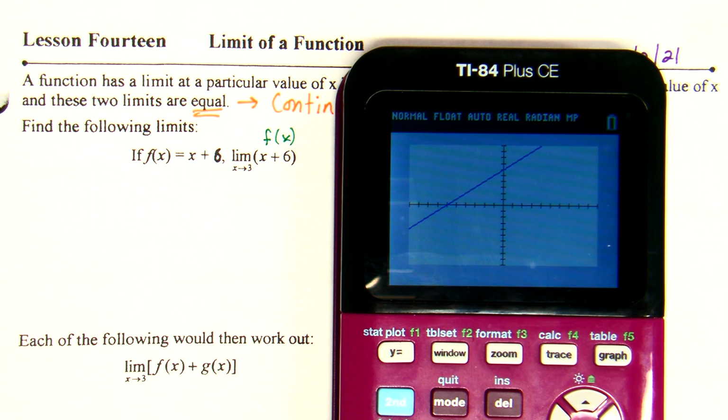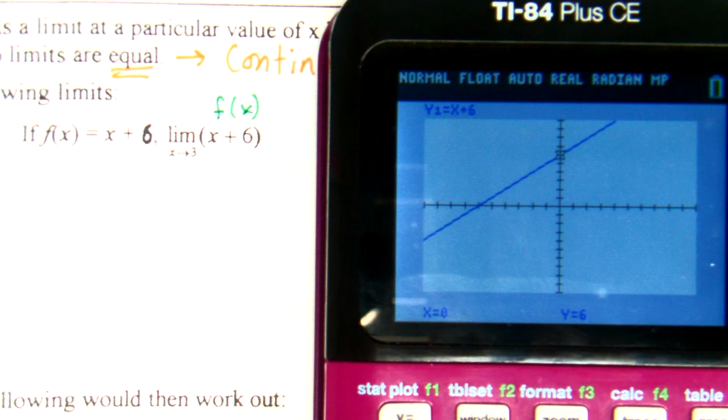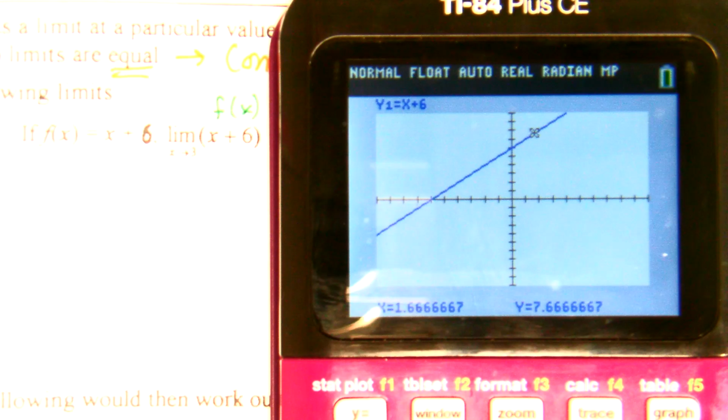Now, we want x approaching 3. If I hit trace and start moving over, 2.4, 2.5, 2.7.